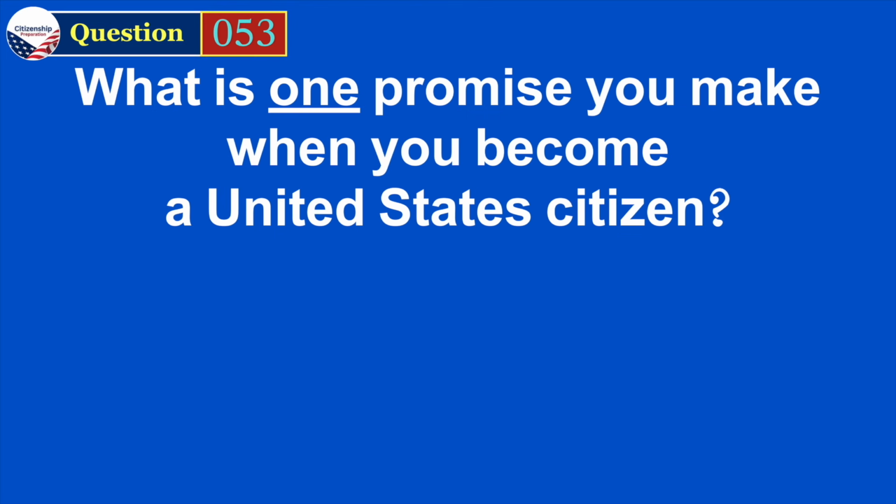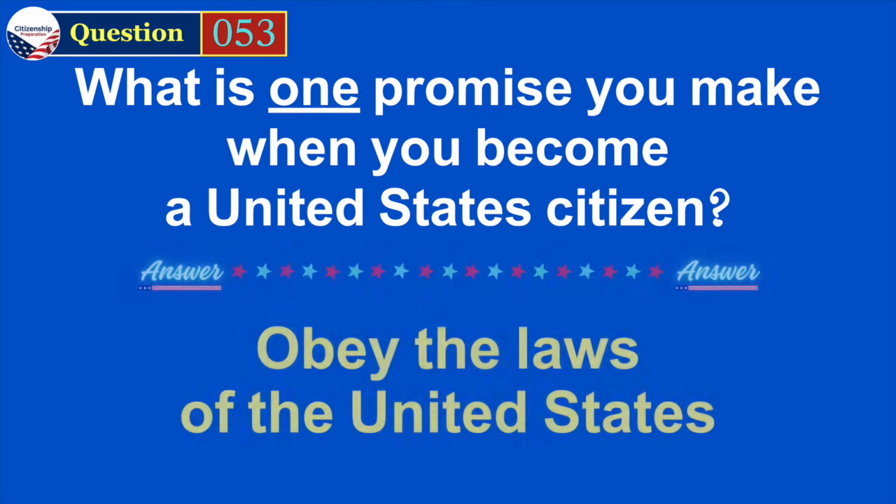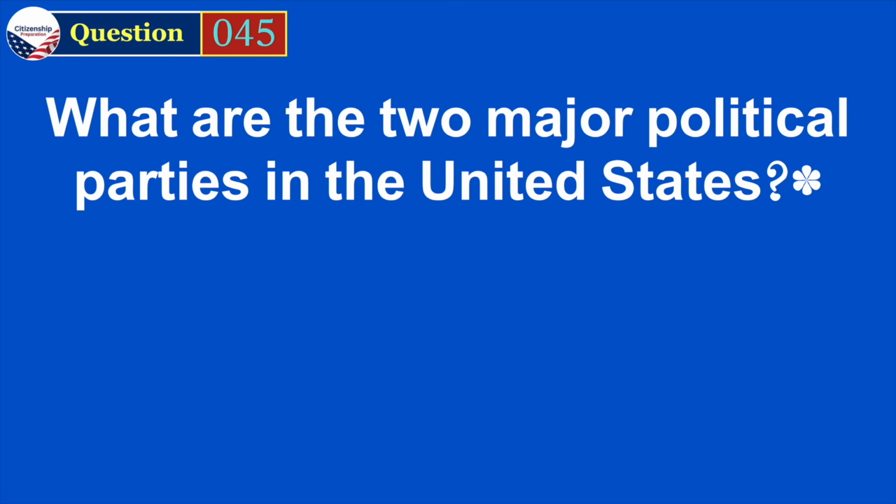What is one promise you make when you become a United States citizen? Obey the laws of the United States. What are the two major political parties in the United States?